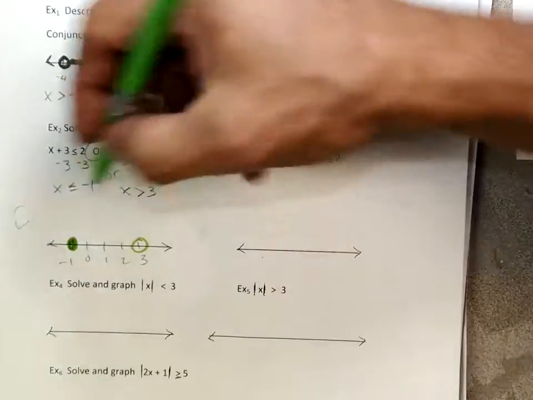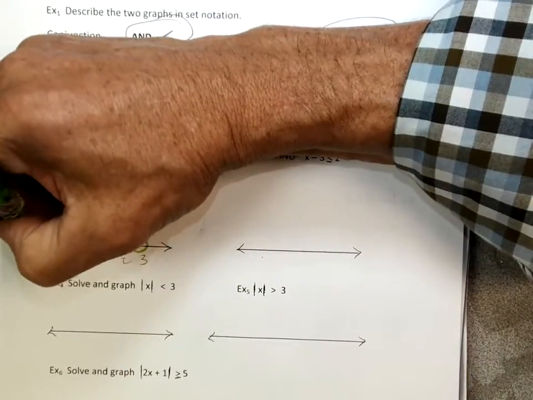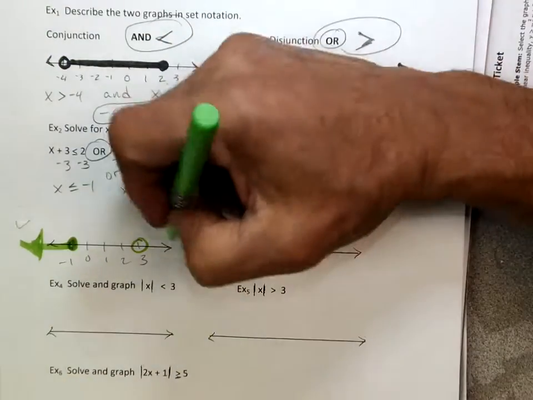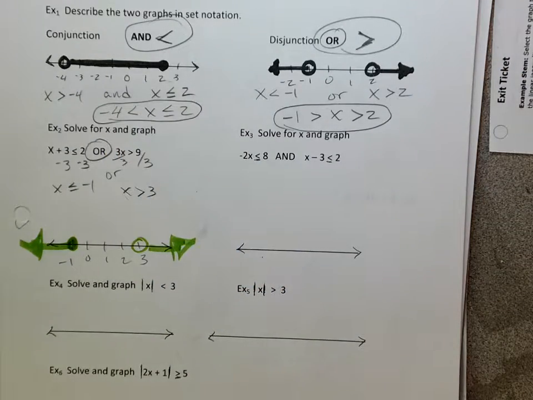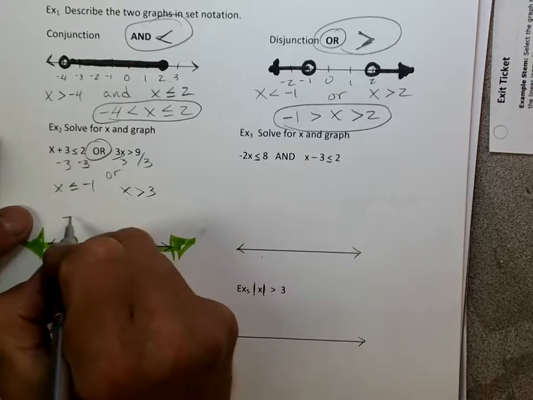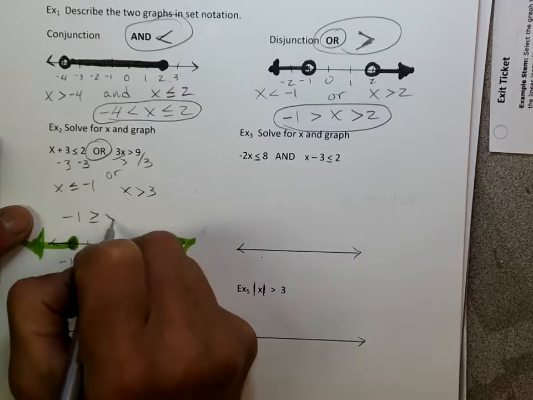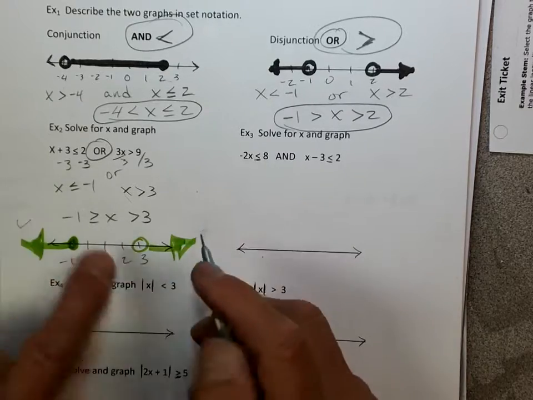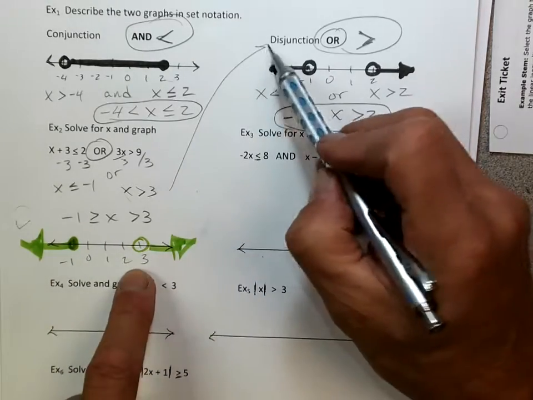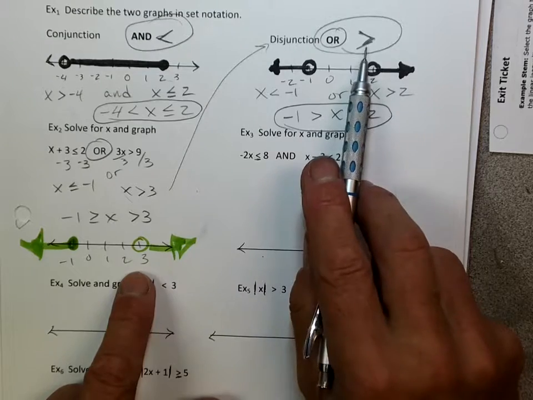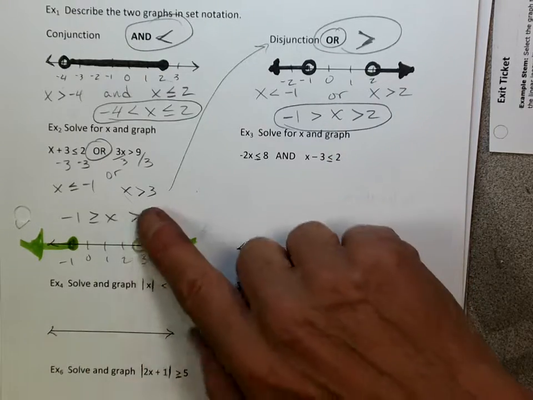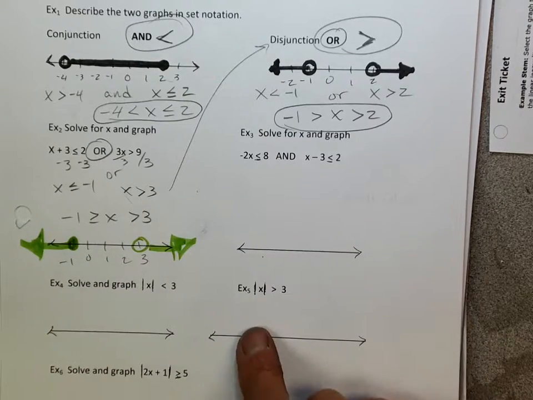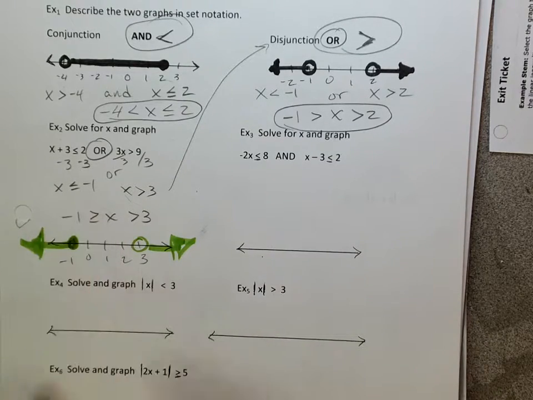So x is less than or equal to negative 1, that's got to go that way, right? And x is greater than 3 goes that direction, okay? We could write it as one statement, which I'm going to. Negative 1, x, 3. And I know from what I told you up here that if it is an or statement, the arrows go that way. The symbols go that way. And it makes sense. X is less than negative 1, or x is greater than 3, okay?